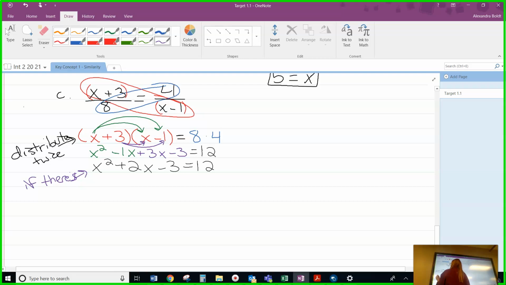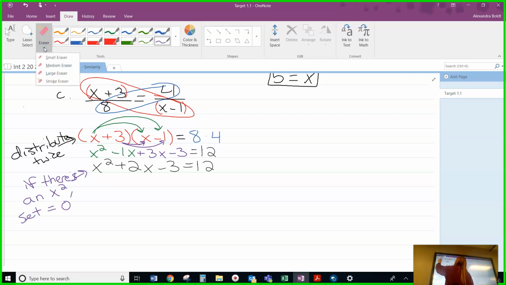If there's an x squared, set equal to 0. Okay, so right now this is x squared plus 2x minus 3 equals 12. That's not 0, right?